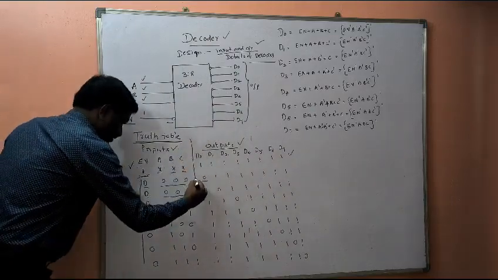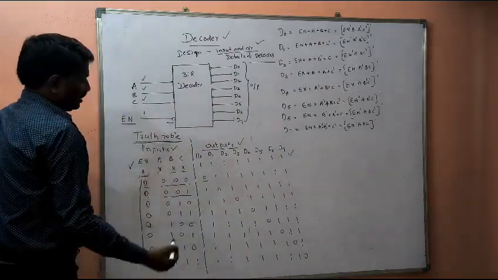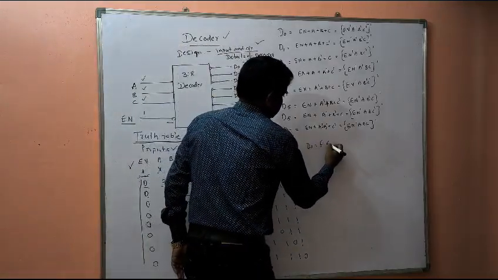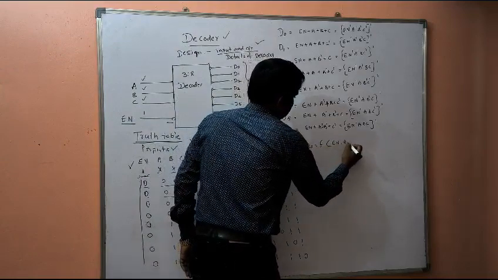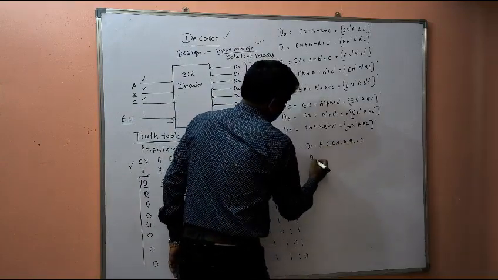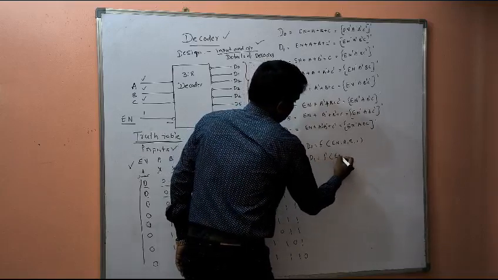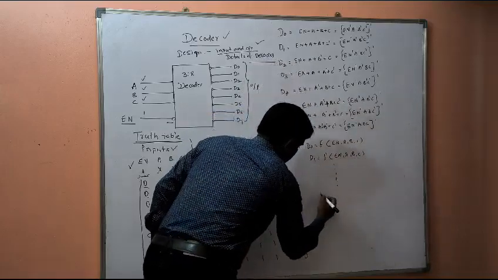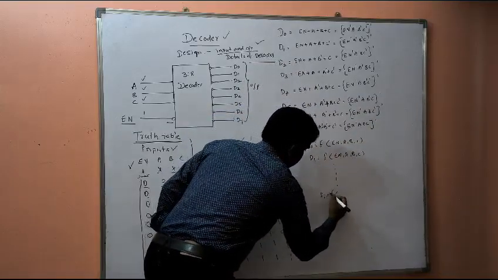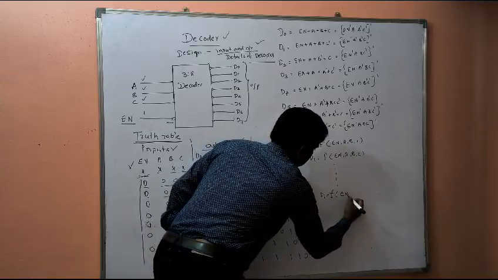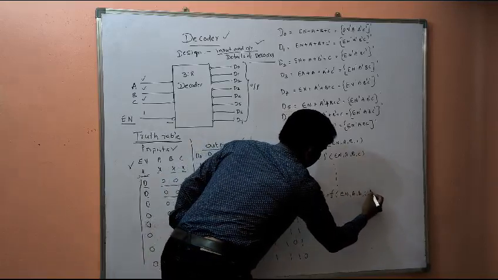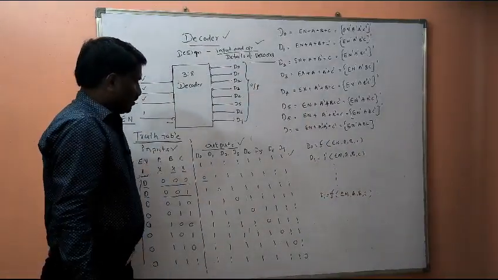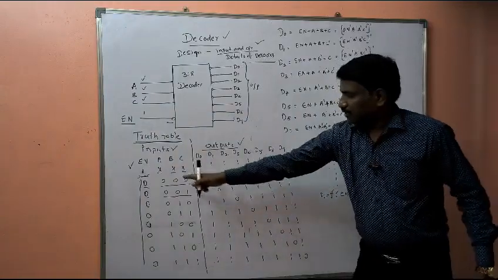From these input-output relations, we can write the outputs. D0 is a function of enable, A, B and C. Similarly, D1 is a function of enable, A, B and C. Likewise, up to D7, which is also a function of enable, A, B and C. So we write the expression by looking at the table.